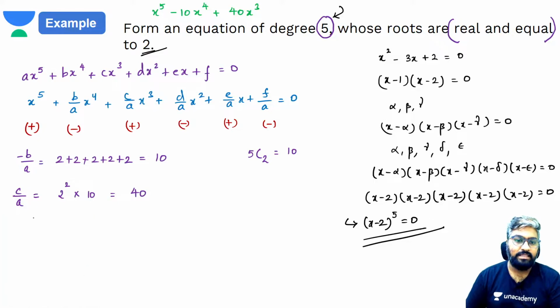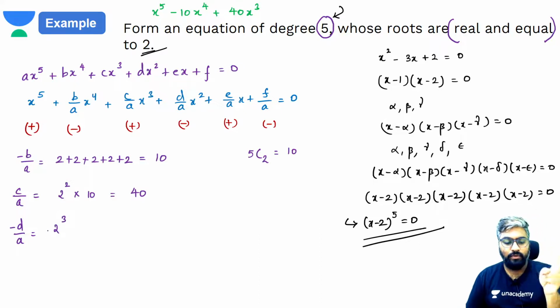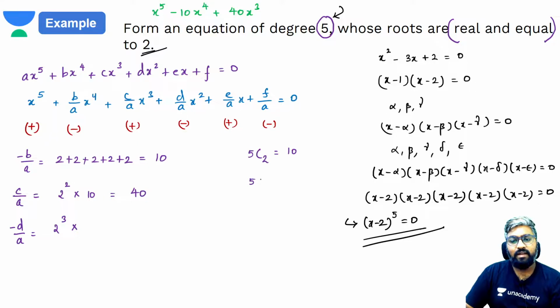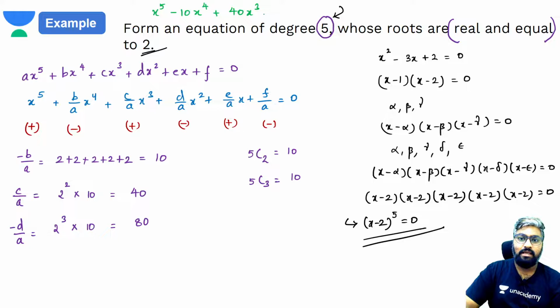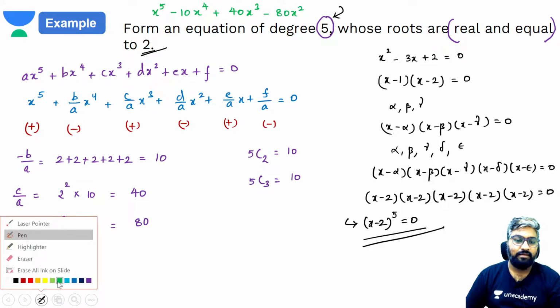Again next term, minus d by a. Taking 3 at a time, 2 into 2 into 2 is 2 cube, multiplied by 5 terms grouped in 3s, which will also be equal to 10. 5c3 is 10. So 2 cube into 10, that is how much? 80, with the minus sign. So we will have minus 80x square. Next, e by a.